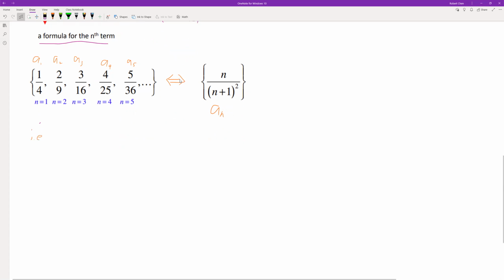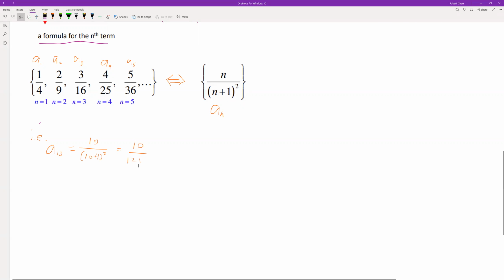For example, if I want to find the 10th term, all I need to do is plug in 10 as n. So we have 10 over (10 plus 1) squared, which is 10 over 121. And that's how it's done.